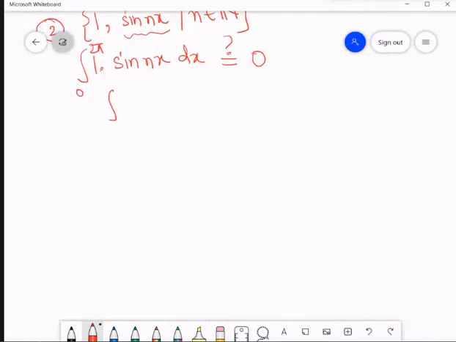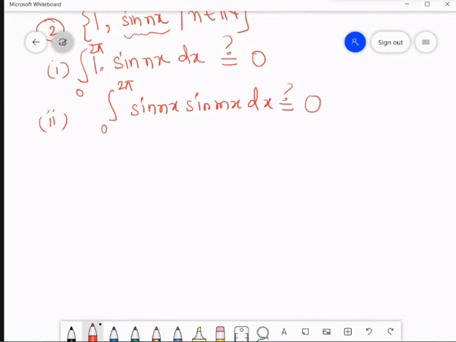So over here, this is the first thing that we are going to check. The second thing we are going to check is, from 0 to 2 pi, sine nx into sine mx. Is this also turning out to be 0? This is for the 0 part.